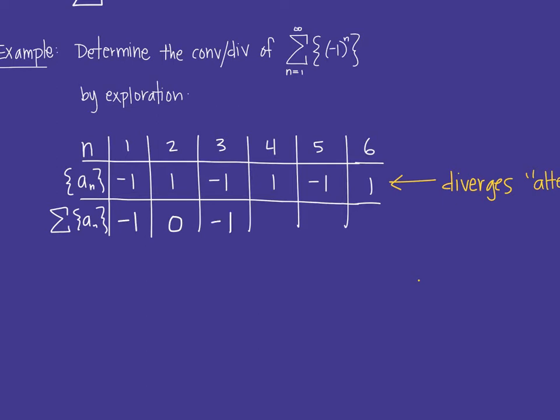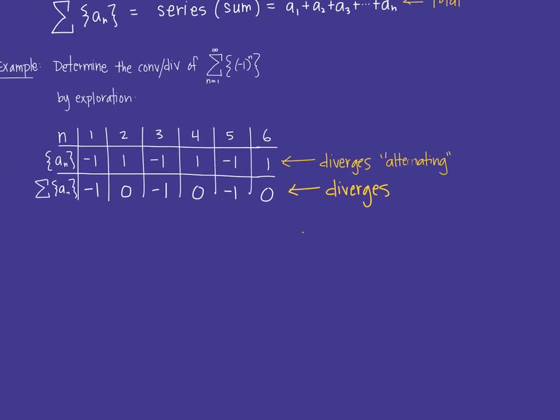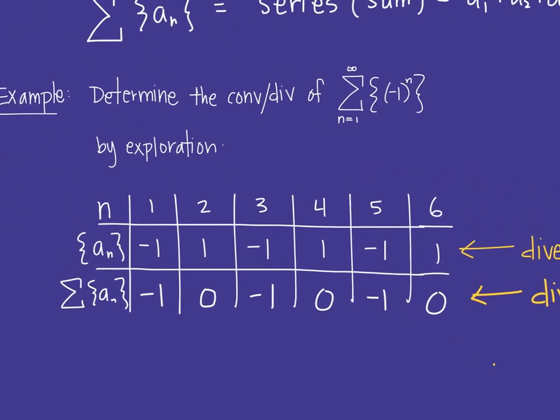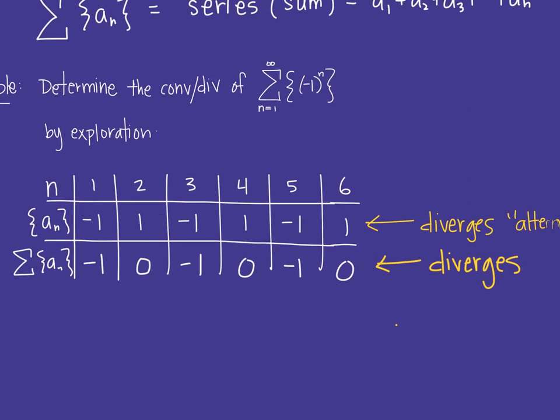Back to negative 1. What's the fourth partial sum? Fifth, negative 1, sixth, 0. This also diverges with an alternating nature. So this is kind of the famous sequence and series called the alternating sequence and series. It will always be divergent in both its sequence and its series. Its terms diverge, its total diverges.